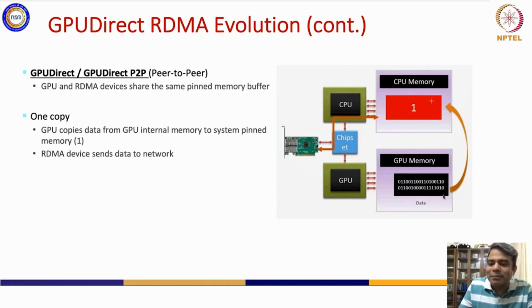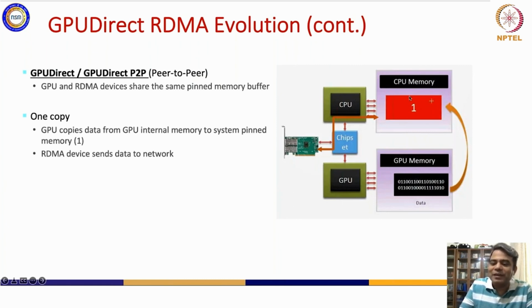Once the GPU has written its data onto the system RAM, the adapter can access the same area and do a DMA operation to the other side. Therefore, it gives a good amount of acceleration, because you have completely avoided the memory copy within the system RAM.